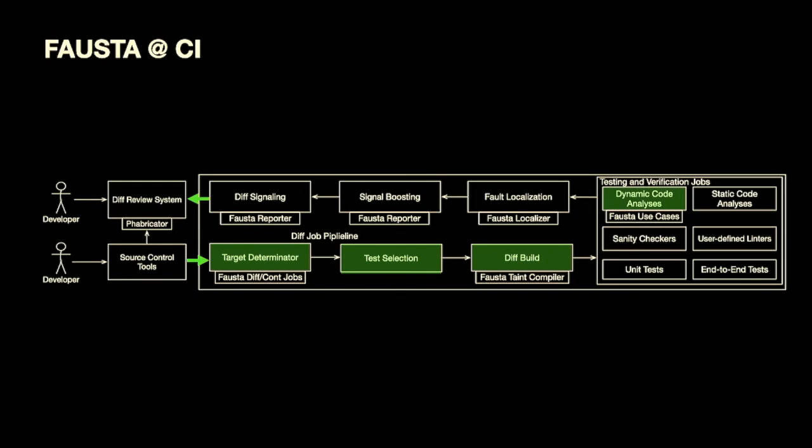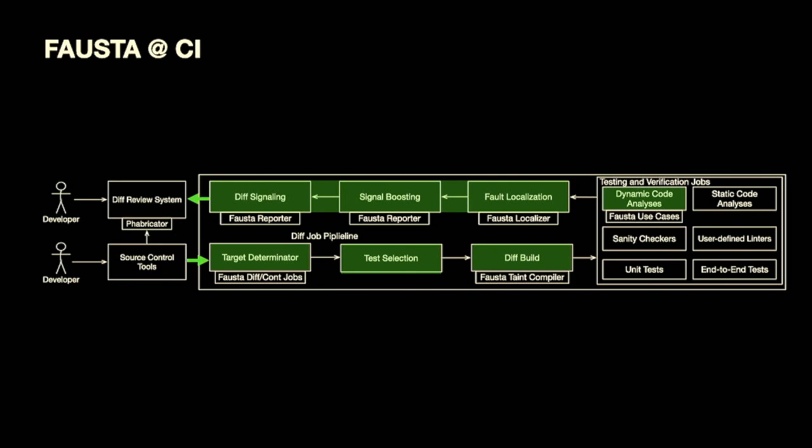And then we run a combination of testing and verification jobs, including Fosta, as part of the testing and verification jobs. And if any of the jobs detect any errors, they'll go through a fault localization process and signal boosting, and then triage to the diff authors.